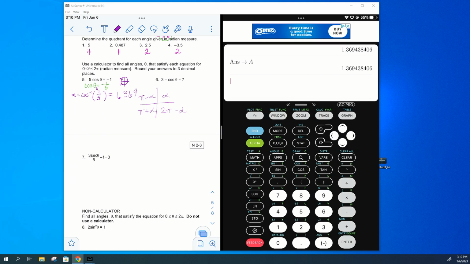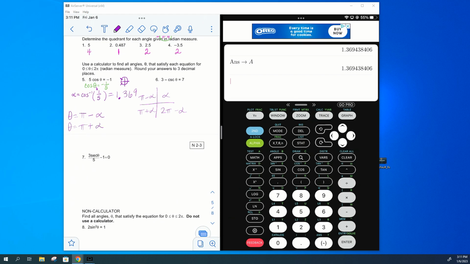Same exact formulas as yesterday. We just said 180 degrees minus alpha or 360 minus alpha. Well, in radians, it looks like that. Since I know my answers are in quadrants 2 and 3, my two actual answers are theta equals pi minus alpha and pi plus alpha.